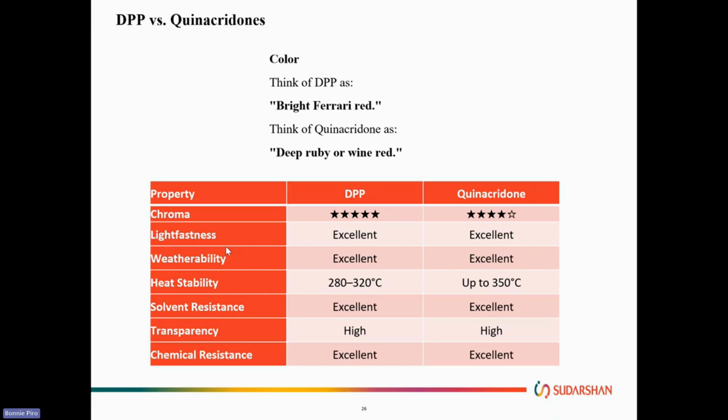They're both high performance pigments, where the quinacridones might be greater from a heat stability perspective. So maybe on the plastics side there might be some attractiveness with that as well. But in all other properties, they're both in that high performance category with respect to the technical properties. They just occupy different color spaces.